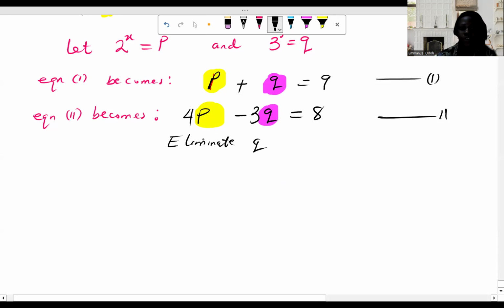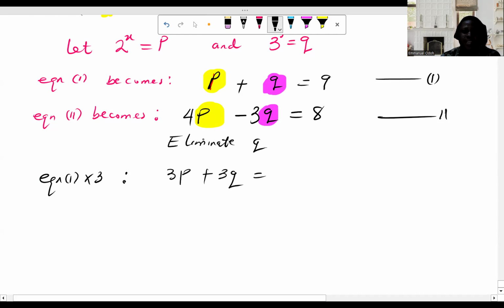We have to make the coefficients of q in both equations the same. So I'm going to multiply equation 1 by 3, so that I will have 3q. So I have 3p plus 3q.